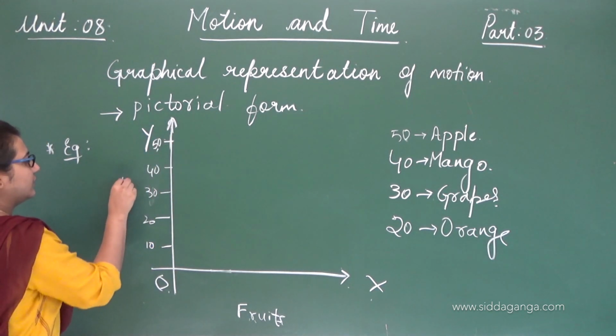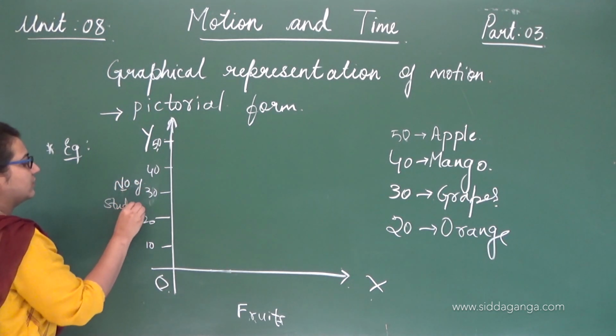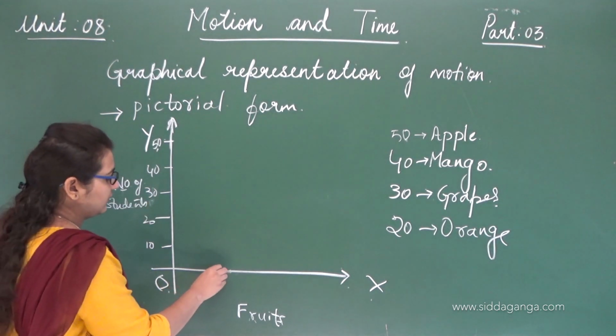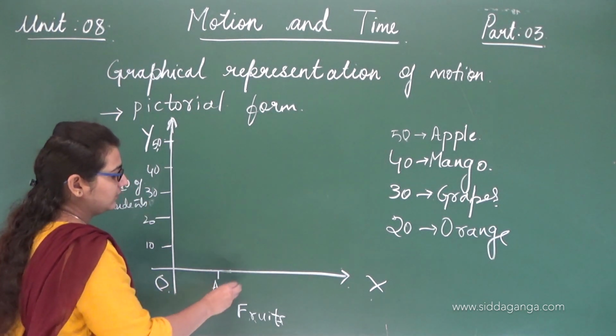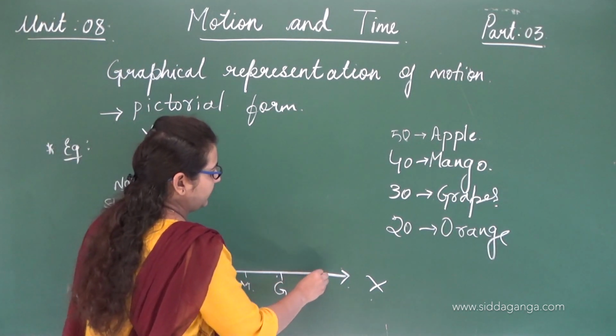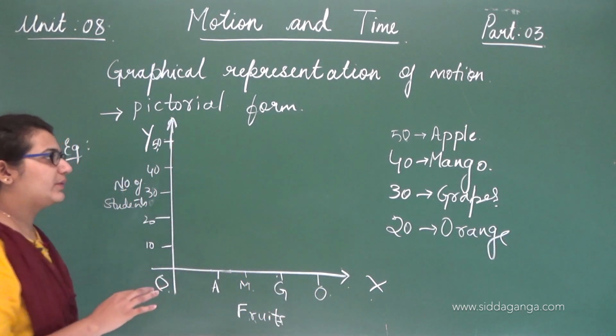So in the y-axis we have taken number of students, and on the x-axis we'll take apple, mango, grapes and orange.